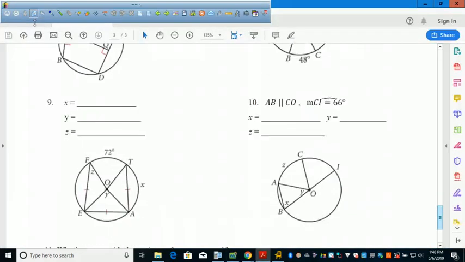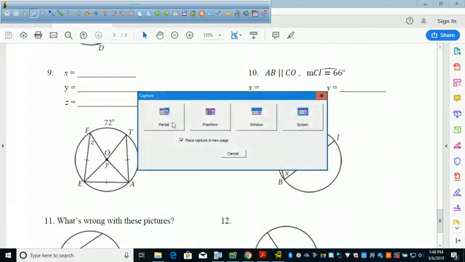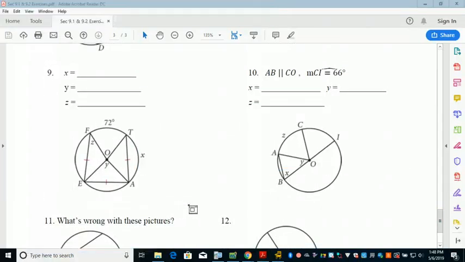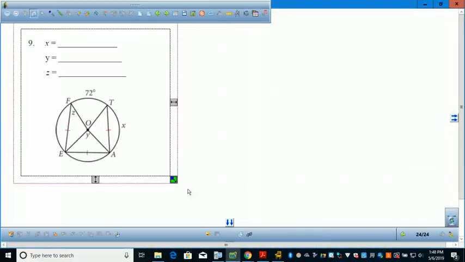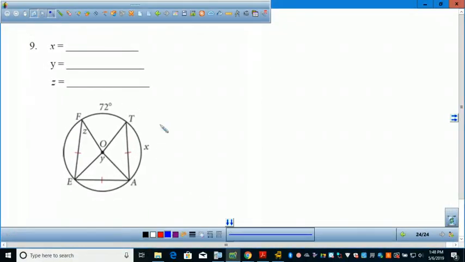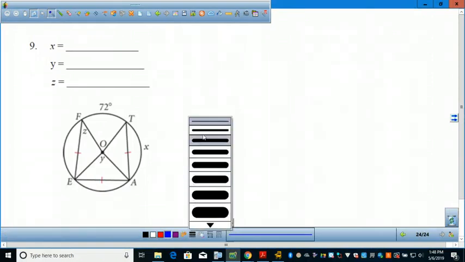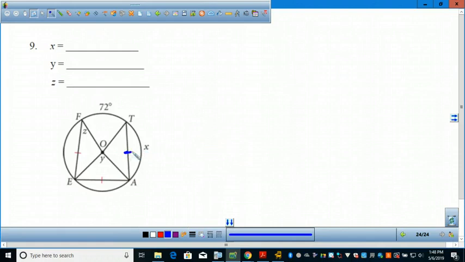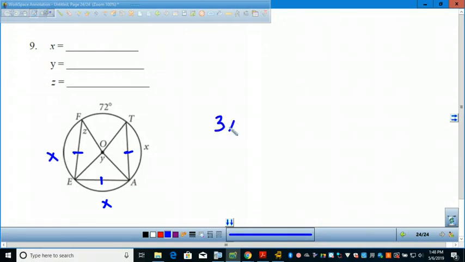If you're done with that, move on to 9. Because you got the 3 tick marks at number 9, these are all the same.